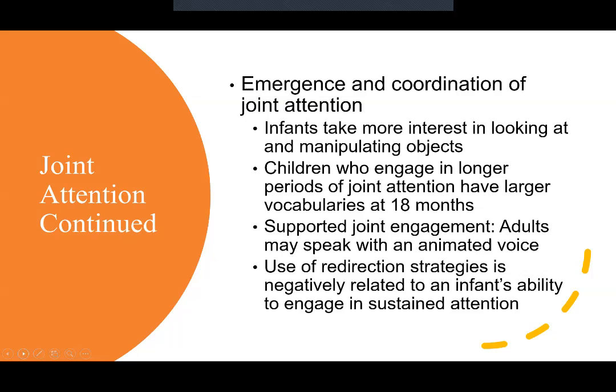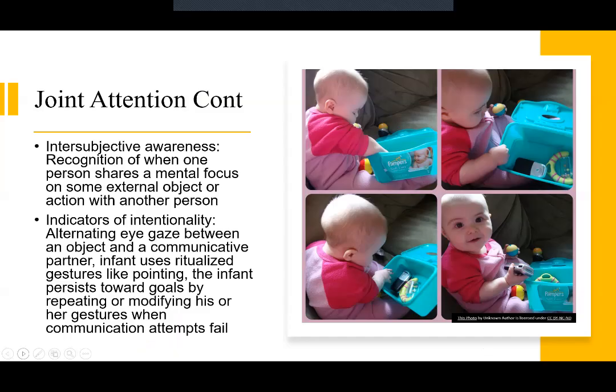All right, moving right along. One of the things, and this is actually a really great picture, there is a term called intersubjective awareness, where the infant starts to realize that somebody else is looking at, or is interested in, what they're doing.